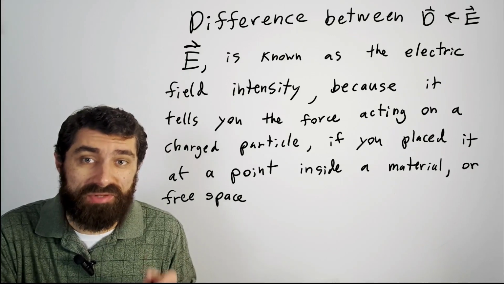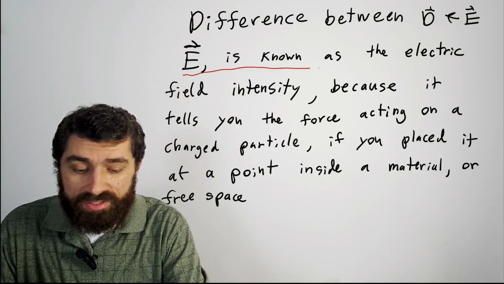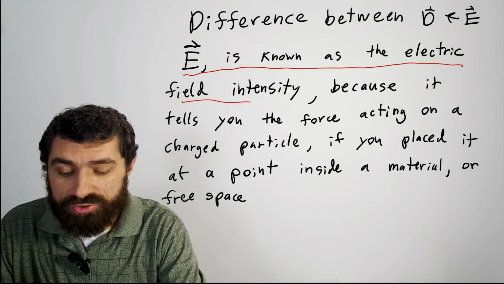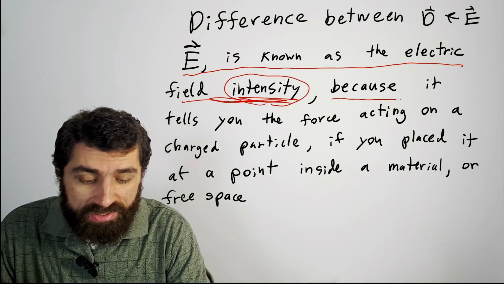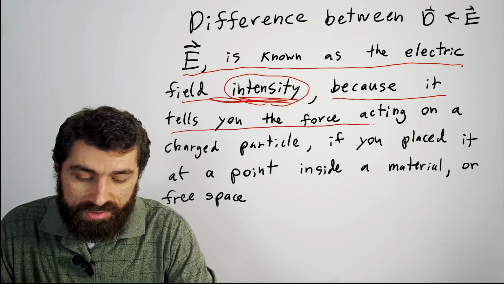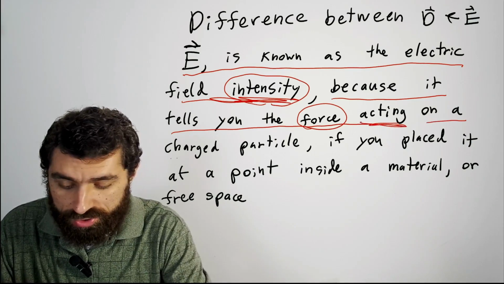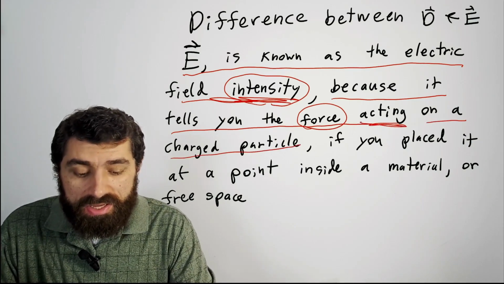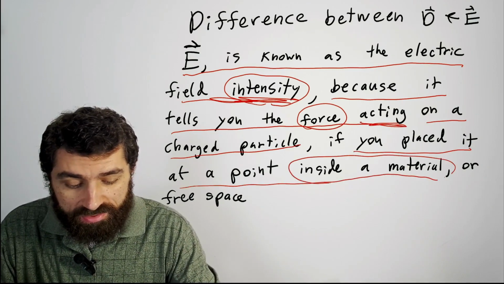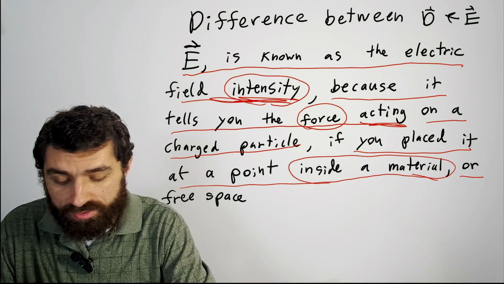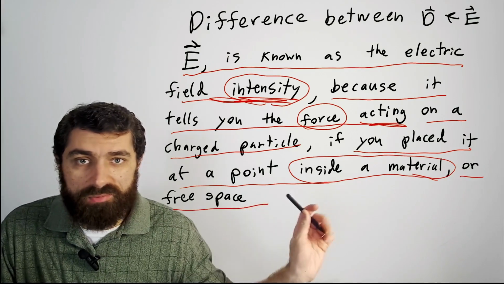Now let's talk about E. I've already said this before, but just to reiterate, E is known as the electric field intensity because it tells you the force acting on a charged particle if you placed it at a point inside a material or free space. So it doesn't matter whether it's free space or you're inside a material.